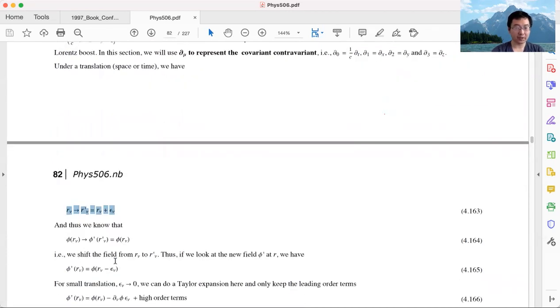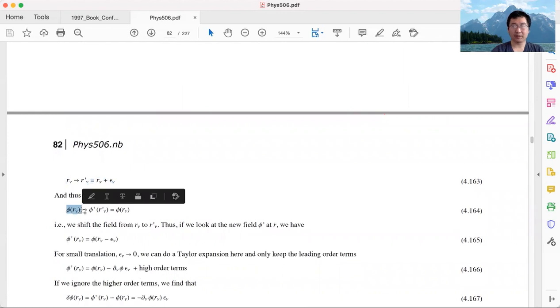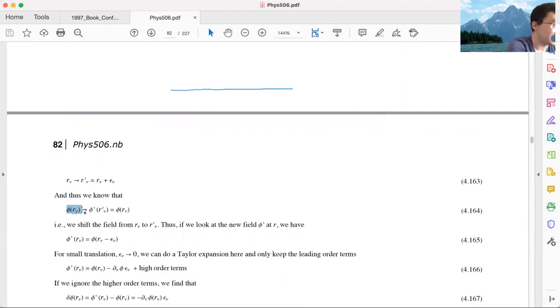Very easy. Now let's look at the field phi. How does field phi change under translation? Let me draw a picture. Let me draw a 1D example. Suppose this is my function phi, a function of r. Of course r should be a 4D space, but let me only draw one direction as an example.